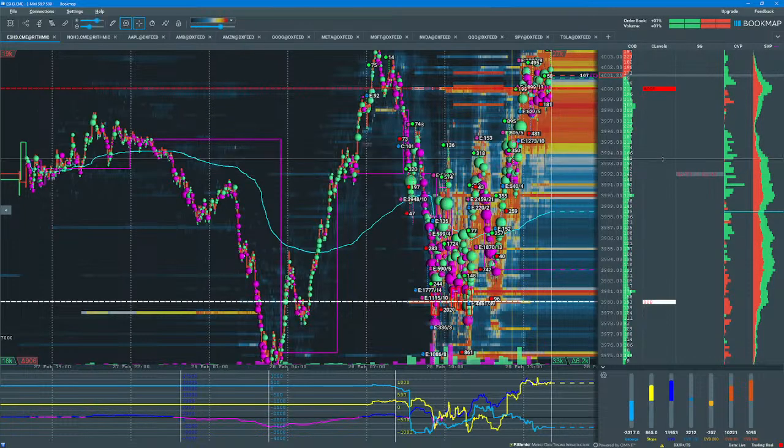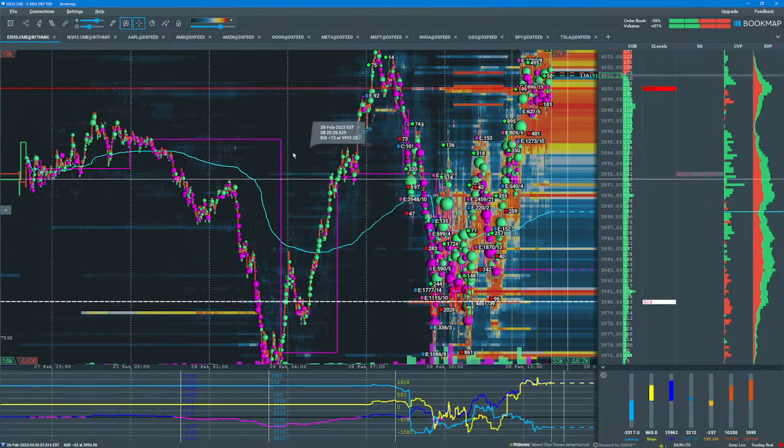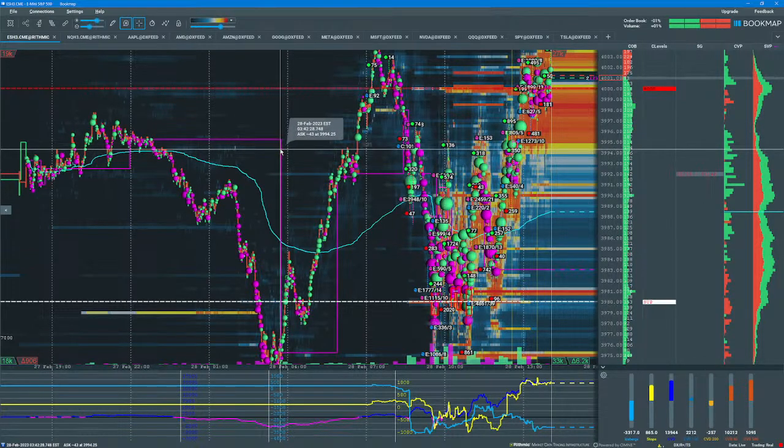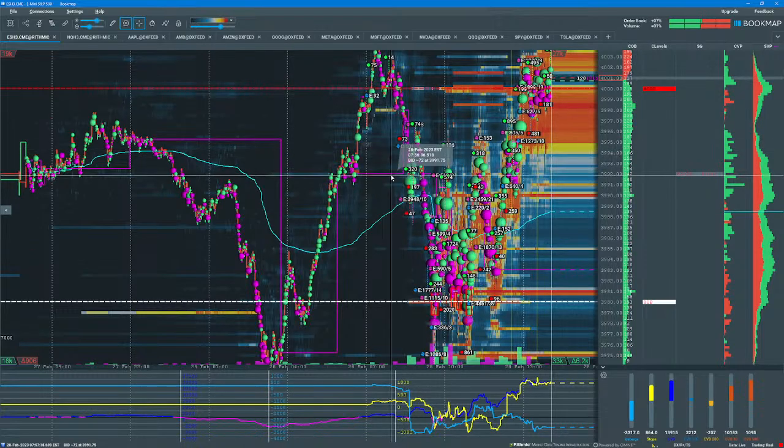And so this session volume profile is the volume profile for this entire session. So CVP again is the chart volume profile, and SVP is the session volume profile.